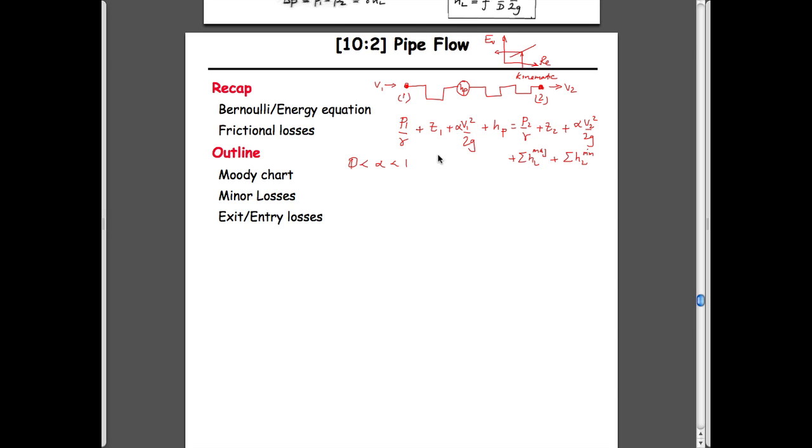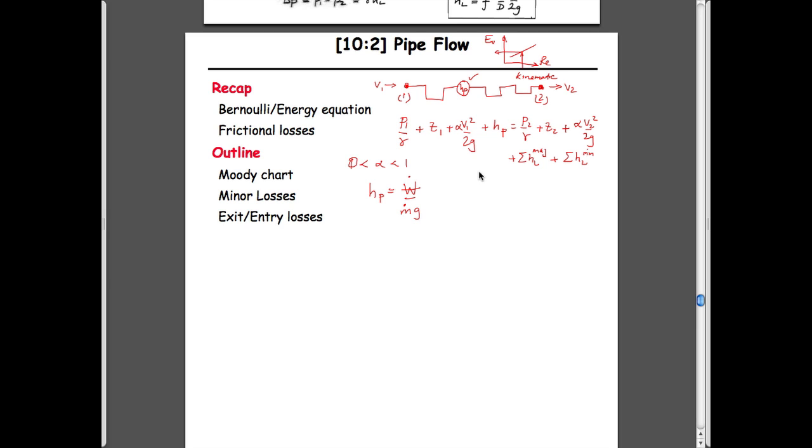It's not a substantial component. We know that the pump head, if we want to convert it into useful properties, is the power of the pump in terms of watts divided by the mass flow rate times gravity. So we've certainly dealt with that before. So that's this parameter here.